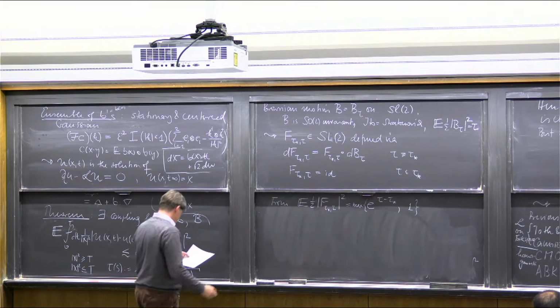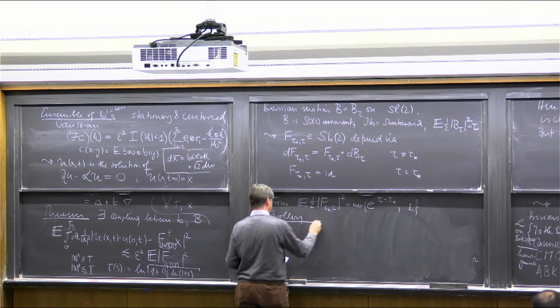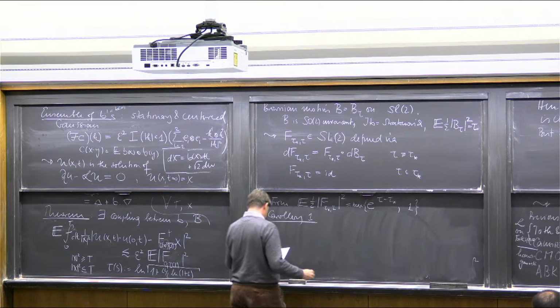And this more interesting behavior comes from this. So from this, we get the corollary. Let me call it 1 to be on the safe side.